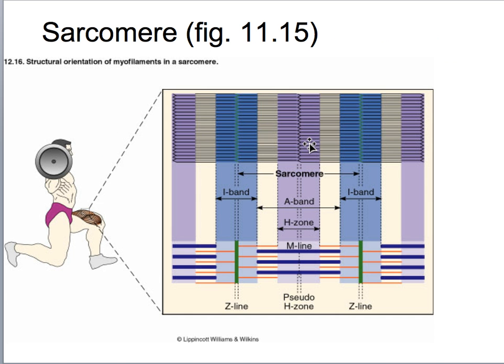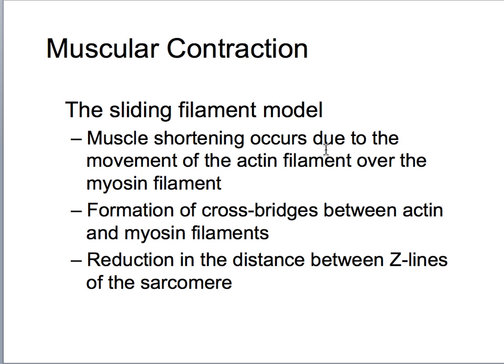And here's another figure, and it's just drawn, but here are the different actin and myosins. Here's a sarcomere from Z line to Z line, and here are these different bands within this sarcomere. And what we want to get to is muscle contraction. So the key to the sliding filament model, and it's still considered a model and hypothesis, is that the Z line to Z line distance is going to decrease.